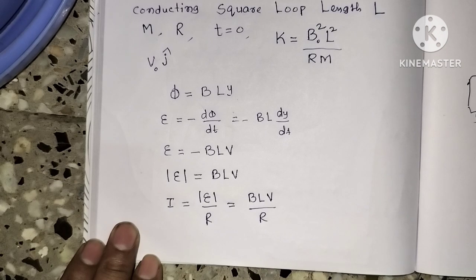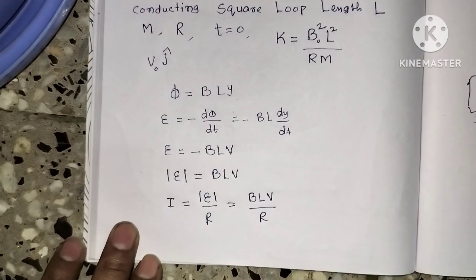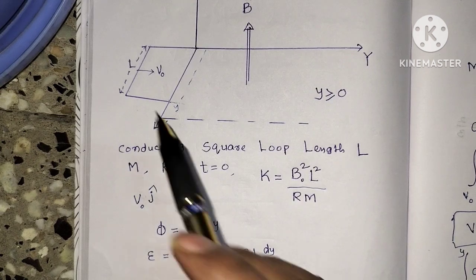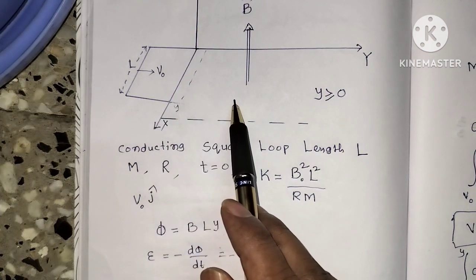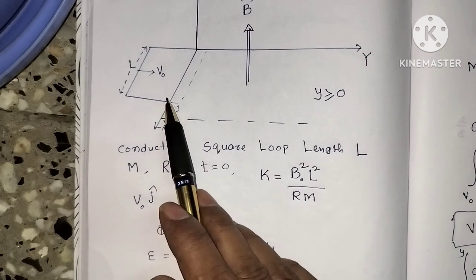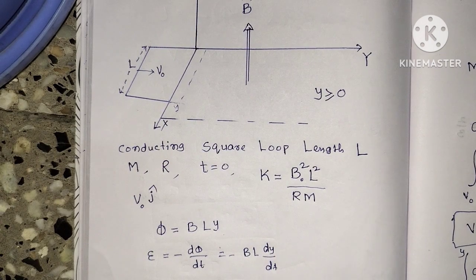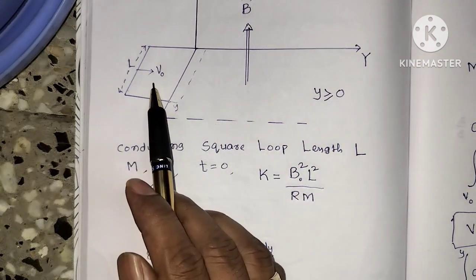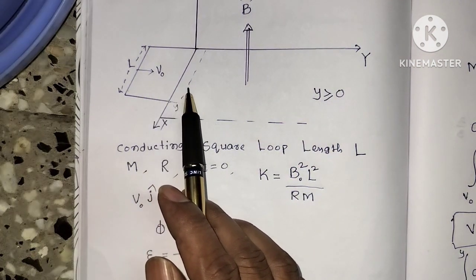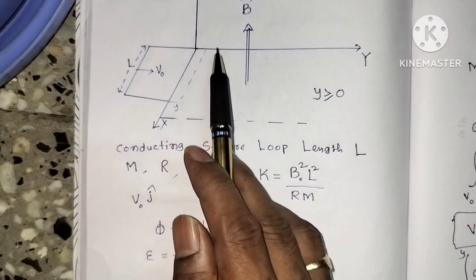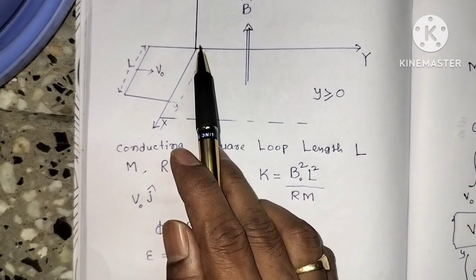Now the current is induced and it is flowing in the loop, and it is also inside the magnetic field. There will be a magnetic force on the loop. First you should understand the direction of this induced current. When the loop is entering the magnetic field, the magnetic flux along the z direction keeps on increasing.